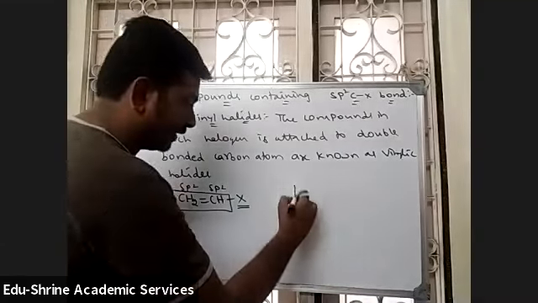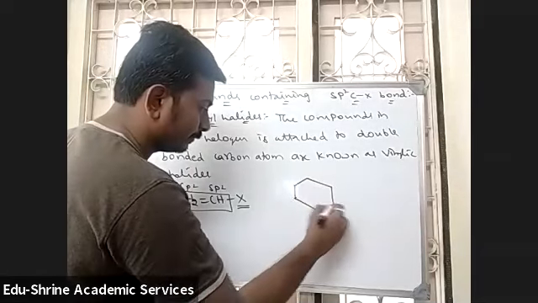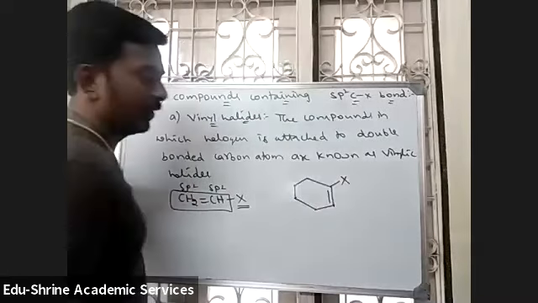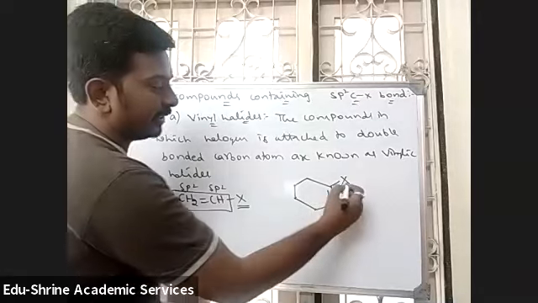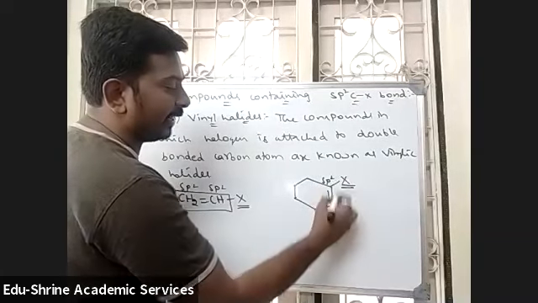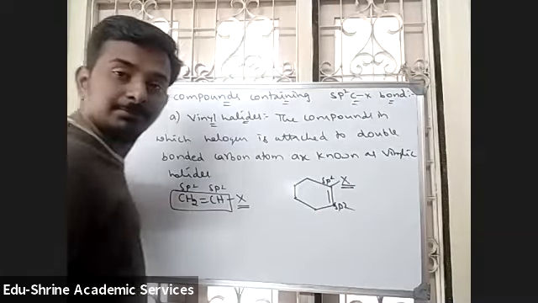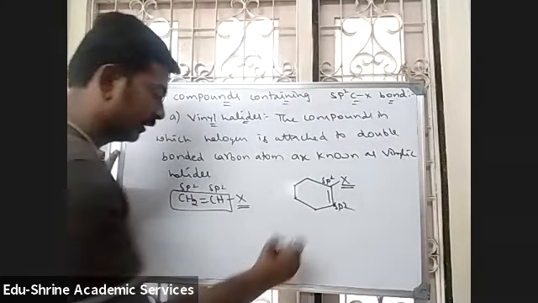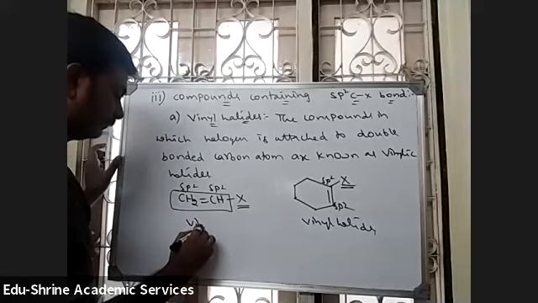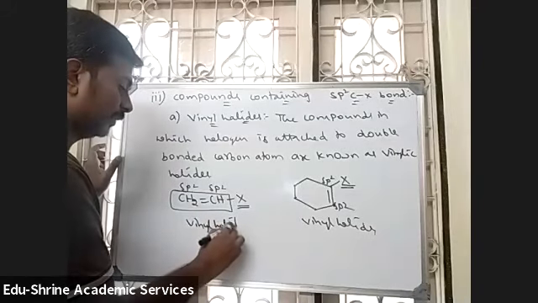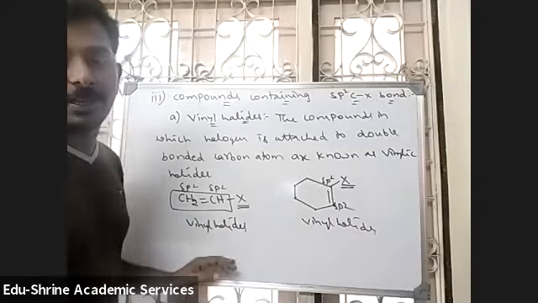Or you can see this compound. Here, this is the halogen which is directly attached to an sp2 carbon atom. So these are vinyl halides. These are vinylic halides.